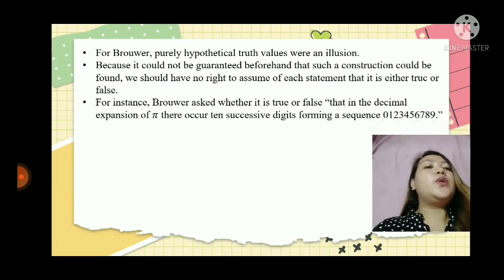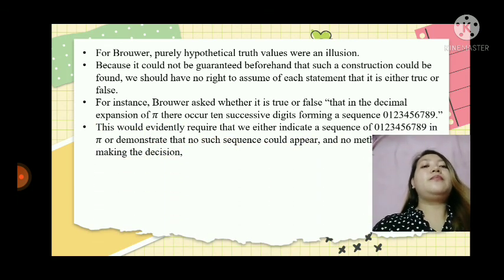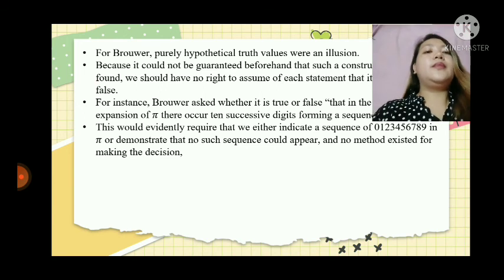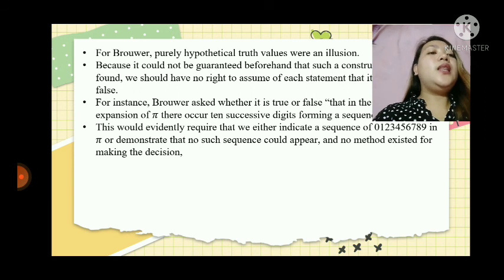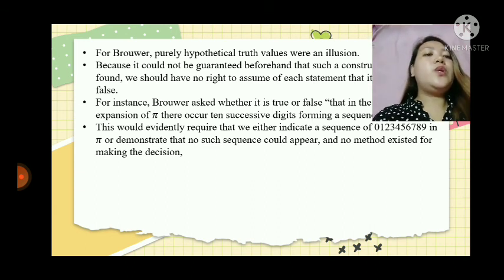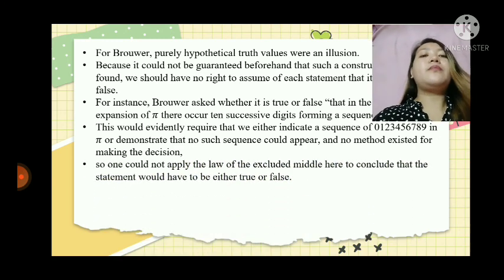For instance, Brouwer asked whether it is true or false that in the decimal expansion of pi there occur the successive digits forming a sequence of 0, 1, 2, 3, 4, 5, 6, 7, 8, and 9. This would evidently require that one either indicate the sequence in pi, or demonstrate that no such sequence could appear, and no method existed for making the decision.